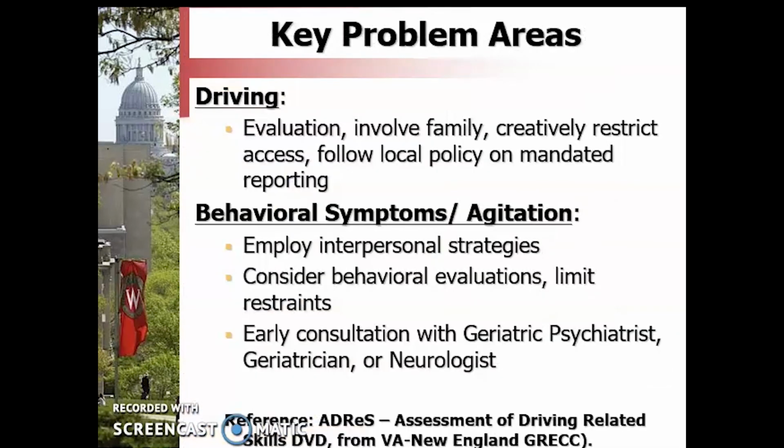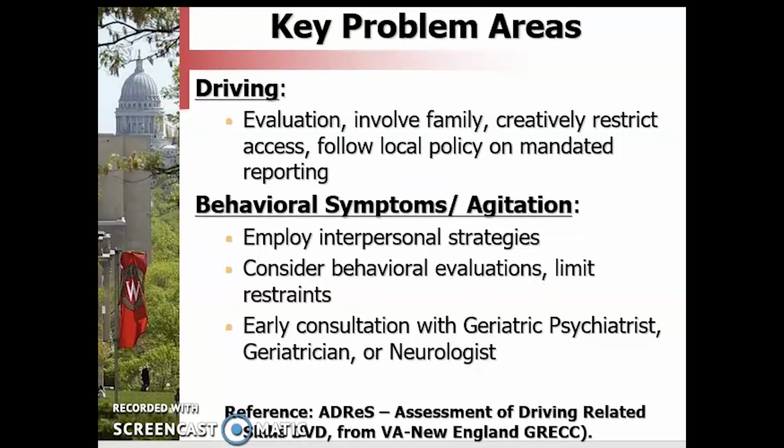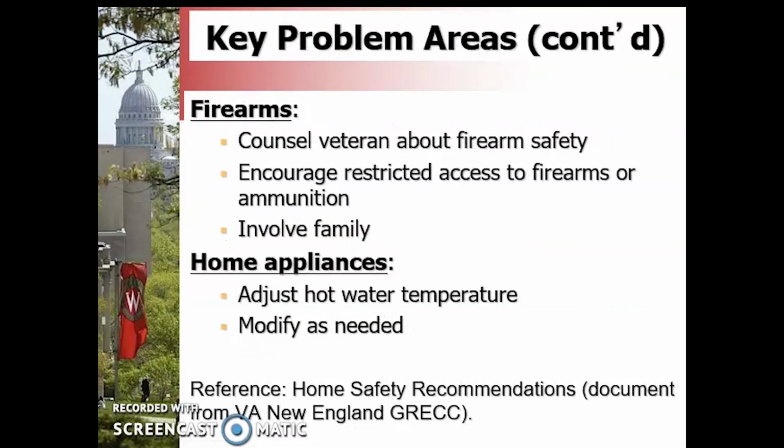With regards to areas that people may forget when they create their care plans, they may dance around the complicated issue of driving. They may not address what kinds of behavioral factors might already be confounding or interfering with the patient's regular day-to-day care. We may forget to ask about firearms in the home and the security of those firearms.